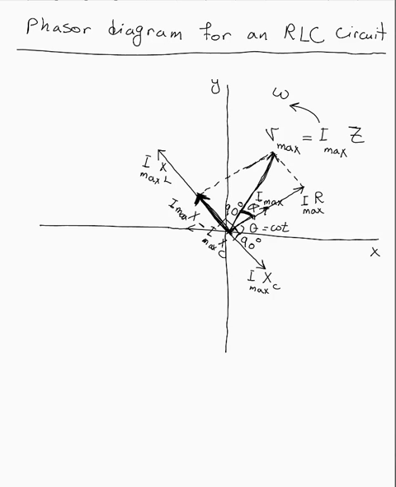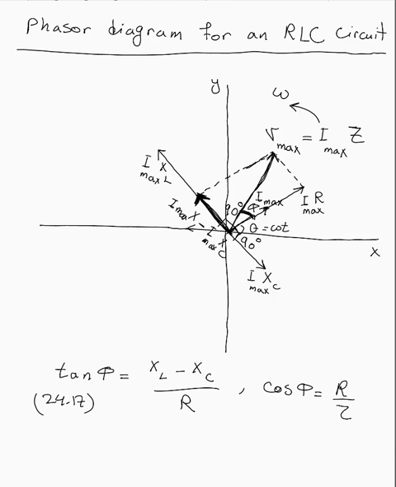Now, if I want to find phi, I can use this equation, equation 24.17 in your book: tangent phi equals XL minus XC divided by R. And like always, cosine phi is going to be R divided by Z, but here Z is the general form, the one that has R, XL, and XC in it.